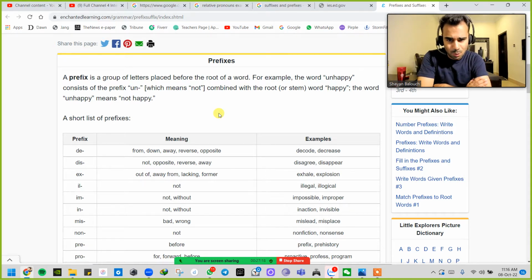Okay, so why do we actually use these prefixes or suffixes in English? The main reason is that we want to make sure that our sentences are concise, precise, and short at the same time. We don't want to write huge sentences by adding a lot of other words.